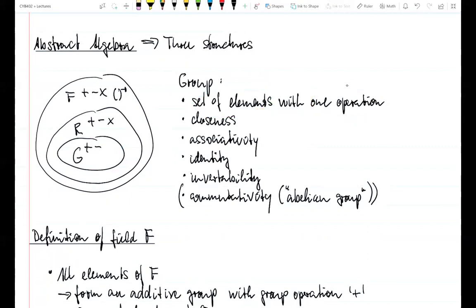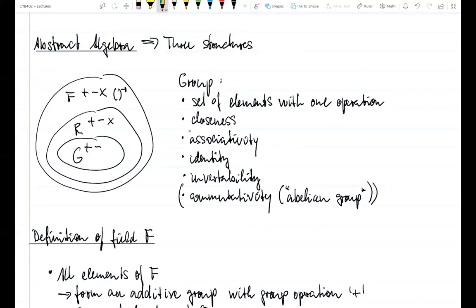An important property is closeness. When you apply that one operation to two operands, you are going to have a result that is within the group again. So this is closeness. You always land within the group if you apply operations on operands.